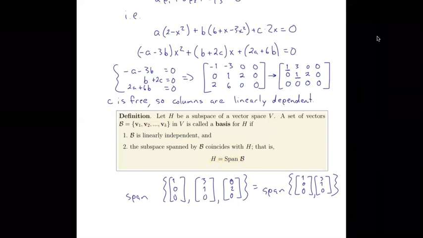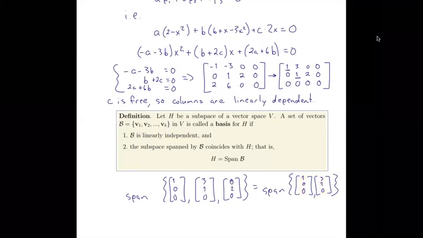If we look at these two vectors, we only have two vectors. Remember that to consider whether or not two vectors are linearly independent as a set together, all we need to do is inspect to see whether or not one is a scalar multiple of the other. And these two certainly are not scalar multiples of each other. So they are linearly independent.